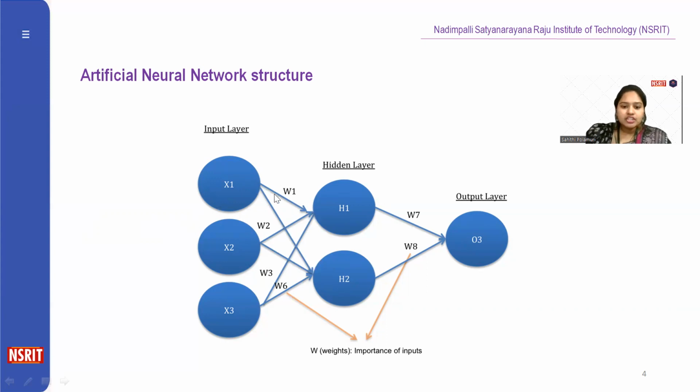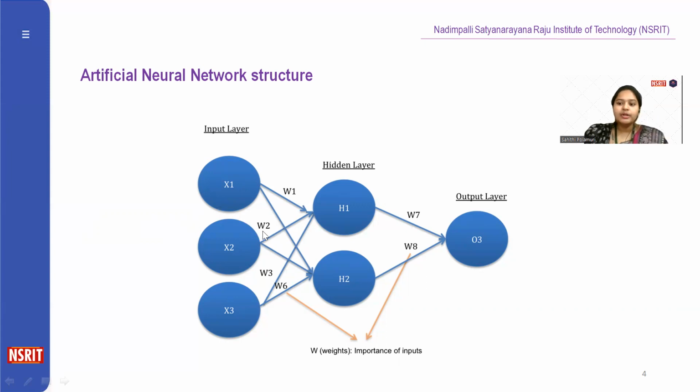Each and every connection link will be associated with a parameter called weight. In this diagram, as you can see, W1, W2, W3, all these are weights. Remember, weight is a very important parameter in neural networks. Each and every neuron connection will be associated with weights.